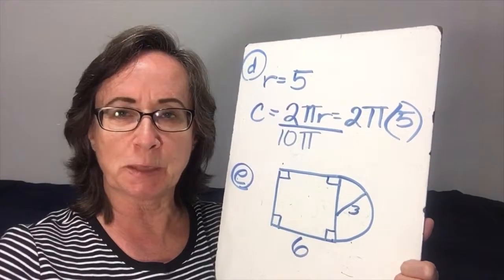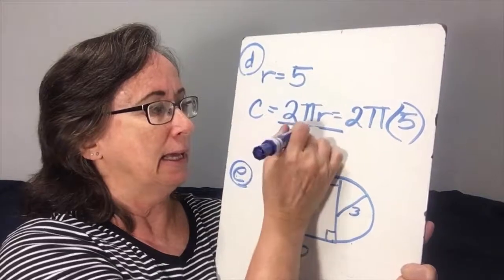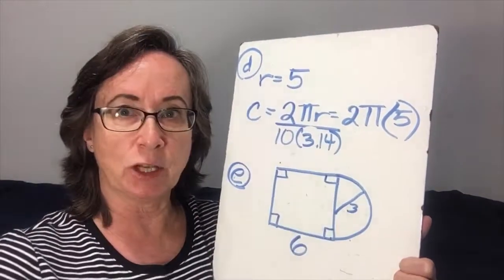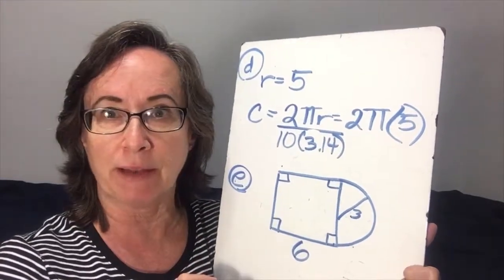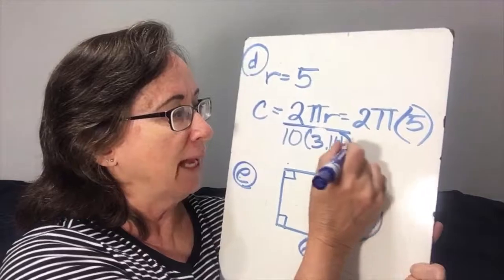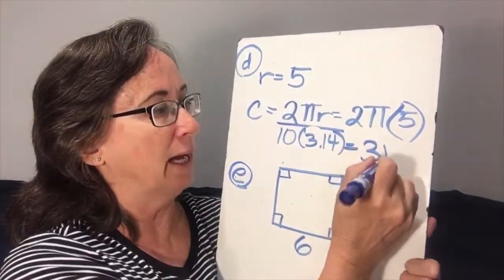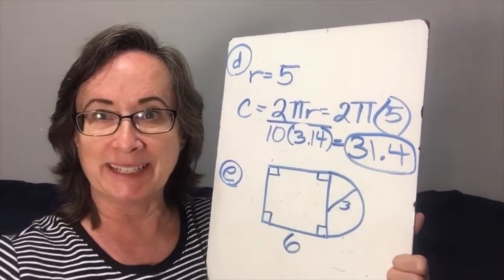What do we know when we multiply by 10? The pi is 3.14, but when we multiply by 10, don't we just move the decimal one place to the right, and we can skip all of that multiplication? So we're going to move the decimal one place to the right and get 31.4, and that is certainly an easy way to do that one, isn't it?